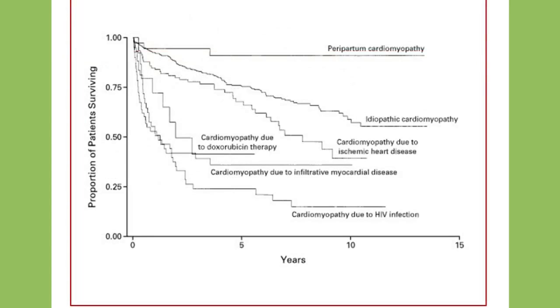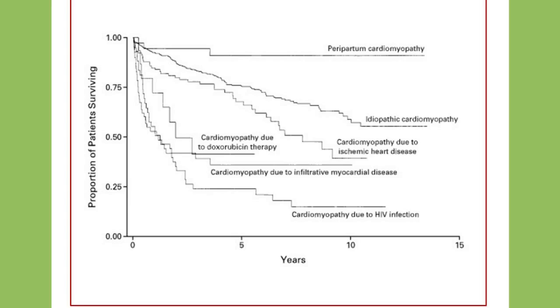Cardiac amyloidosis is a process that creates a cardiomyopathy. The symptoms that patients present with, generally when it gets to end stage, is heart failure. I want to take a minute to review the patient survival for different types of cardiomyopathy.